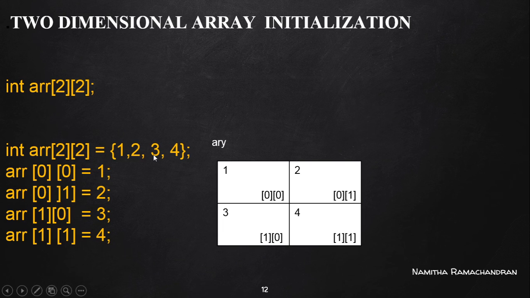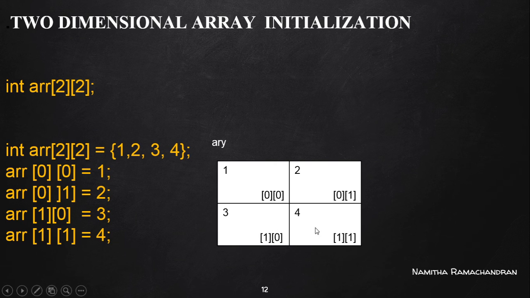And 3 is the third element. Here we have no other location left inside this particular row because the row size is 2. The two positions are already occupied with values 1 and 2. Now we want to move to the next row. Here we can store the value 3. In which index position? First row, 0th column position.